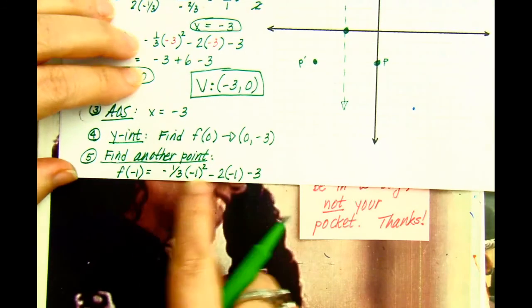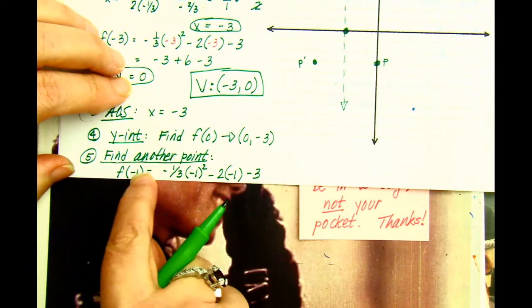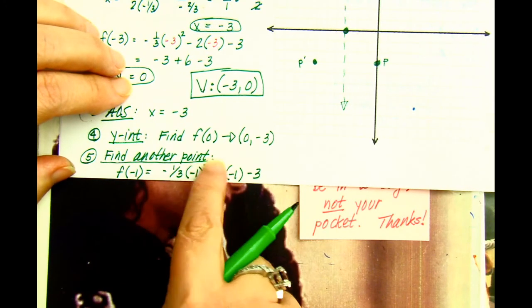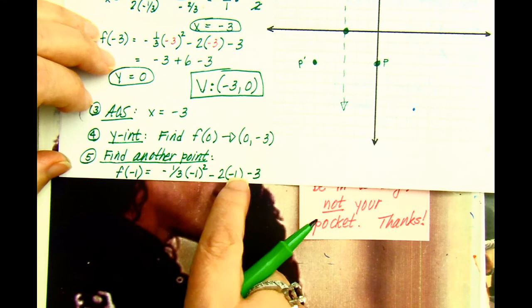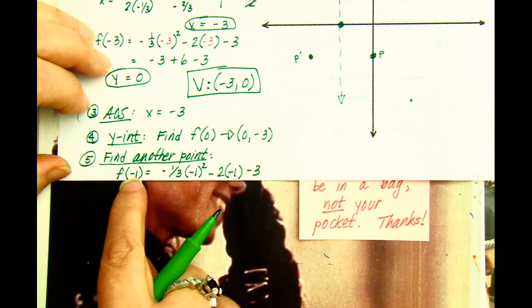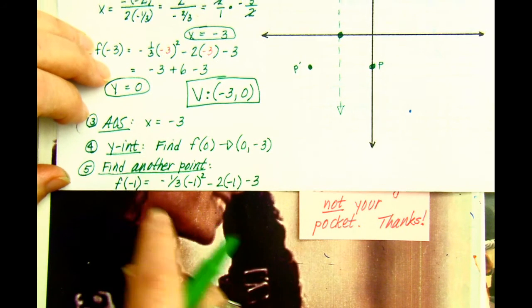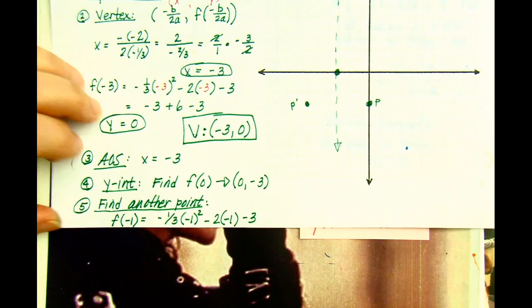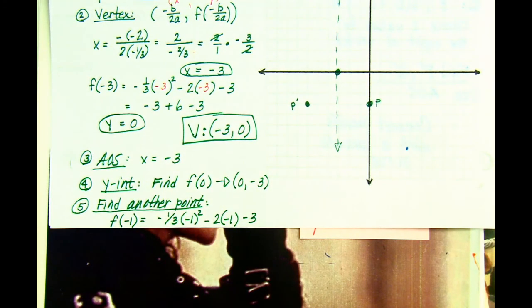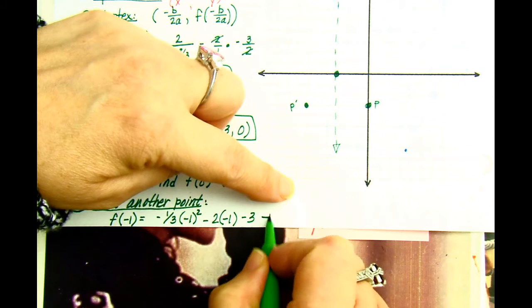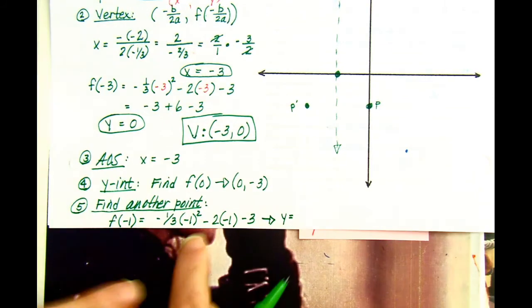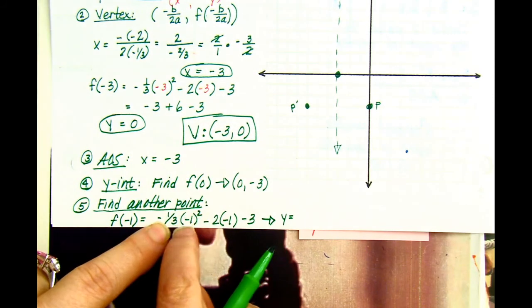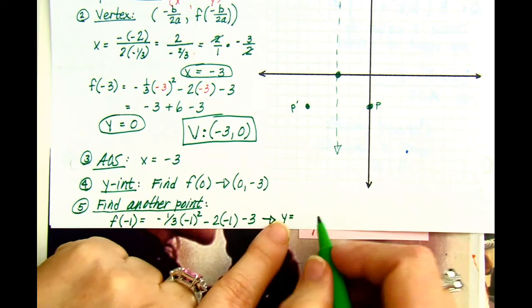Okay, so I'm filling this in. Here is my y equals ax squared plus bx plus c. I'm substituting the -1 because I want to know what is the y value when the x is -1. So now I have to compute this. This becomes y equals, all right, this is +1 when I square it, times -1/3 is -1/3.